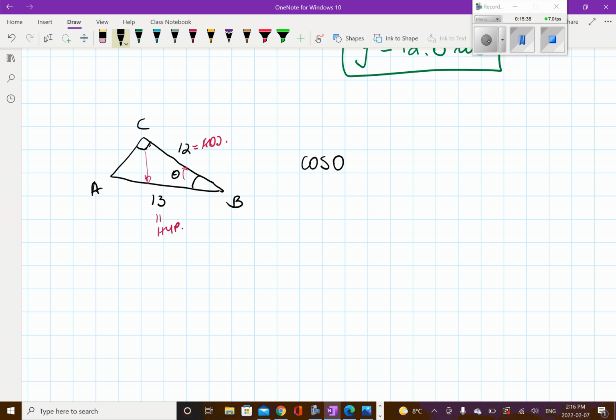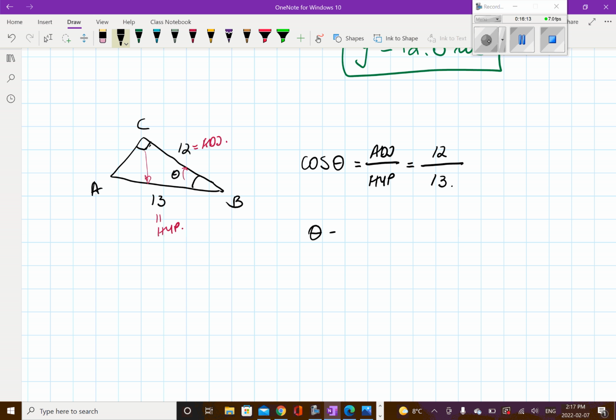So cosine of angle theta will be adjacent over hypotenuse. The adjacent of this angle that we are looking for is 12. Then the hypotenuse of this triangle is 13.